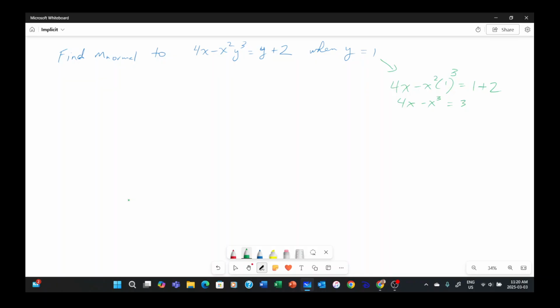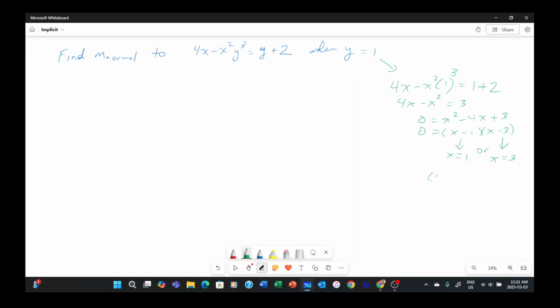Sorry, not x cubed. X squared. So 0 equals, bring everything to one side here, x squared minus 4x plus 3. So you get x minus 1 and x minus 3. So that means that x equals 1 or x equals 3.